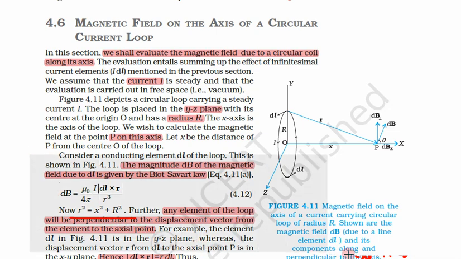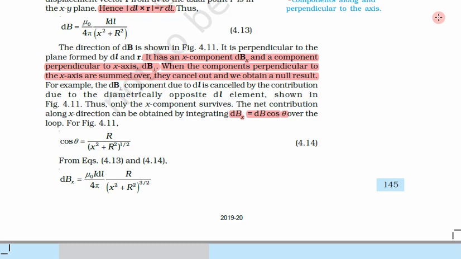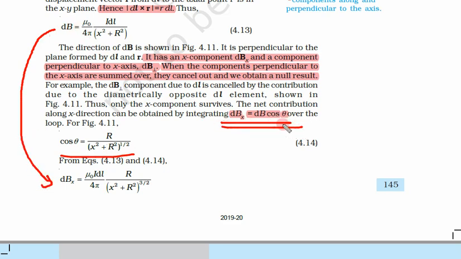So now let us put the value of cos theta. Here we have the value of cos theta, which is r upon x square plus r square to the power half. We have the value of dB, and dBx is equal to dB cos theta. So dBx is simply dB.